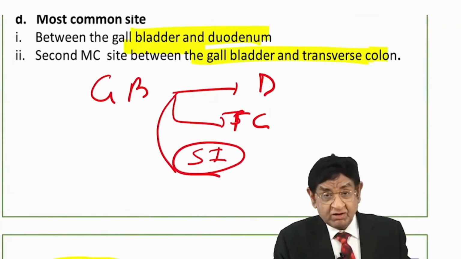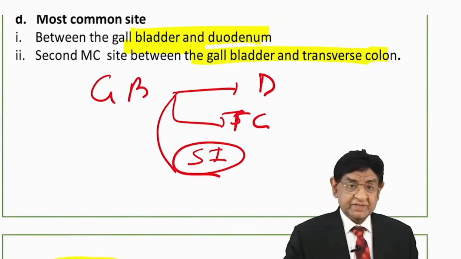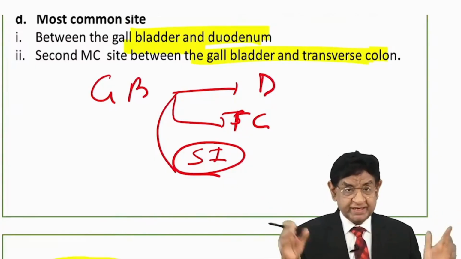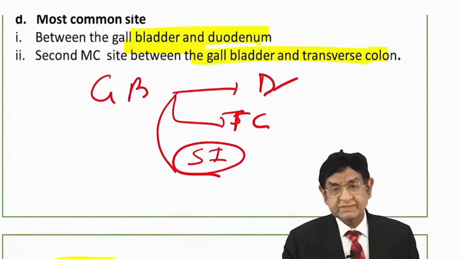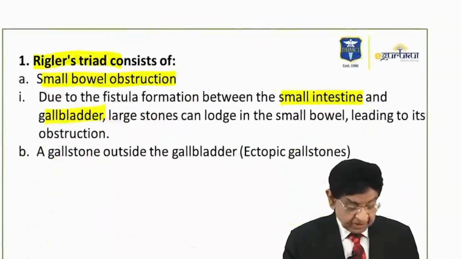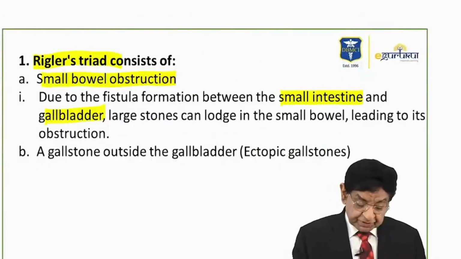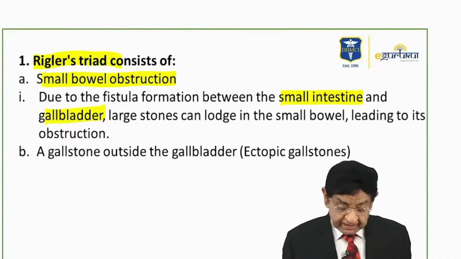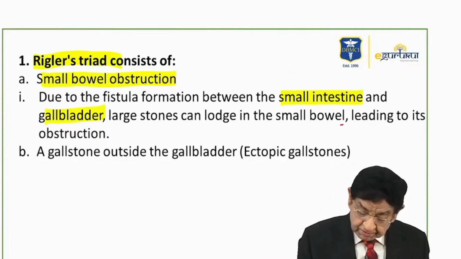That means the gallbladder can have a connection with the duodenum, small intestine or transverse colon, anywhere it can break. The most common site is the duodenum. So let's come to Rigler's triad. Small bowel fistula formation, the stone has gone to the small intestine and that will lead to obstruction.